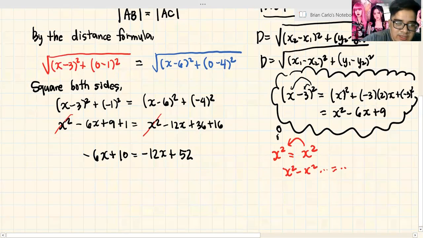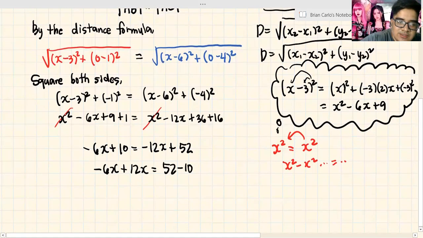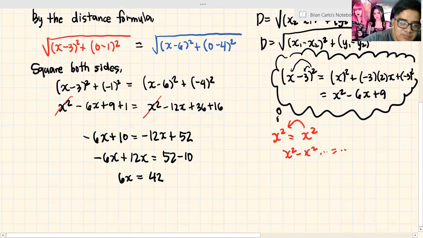Add 12x to both sides. Pagsamahin nyo lahat ng variables sa left, tapos yung mga constants, yung walang variable, sa right. Mangyayari, negative 6x plus 12x is equal to 52 minus 10. So, 6x is equal to 42.